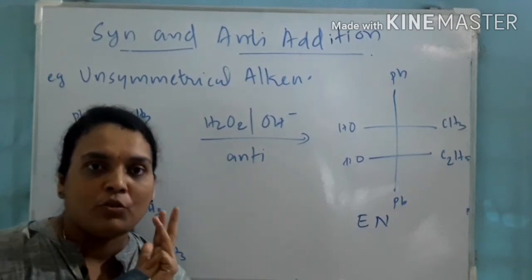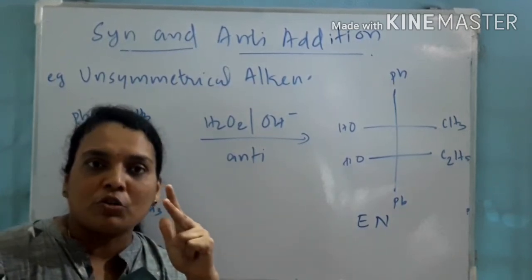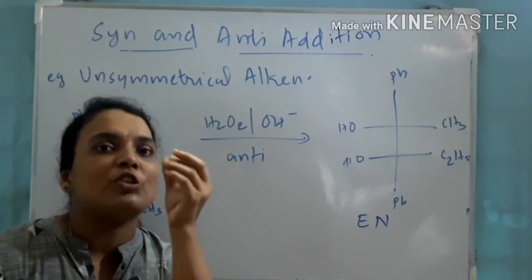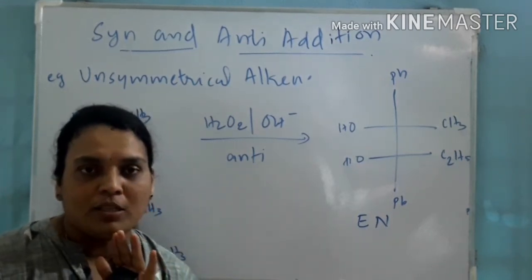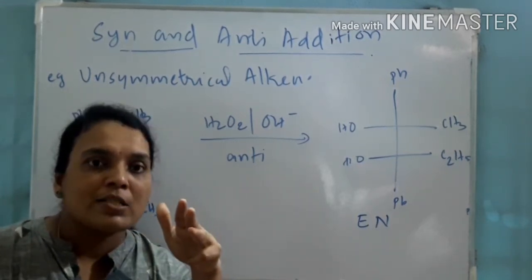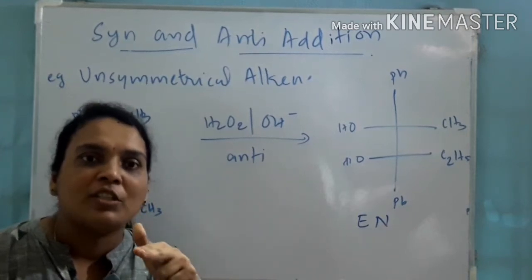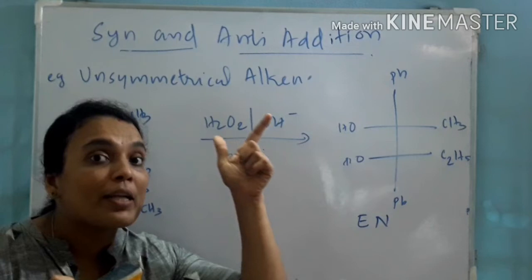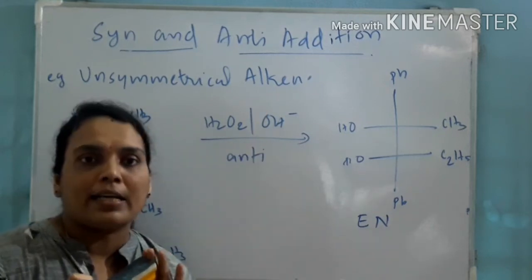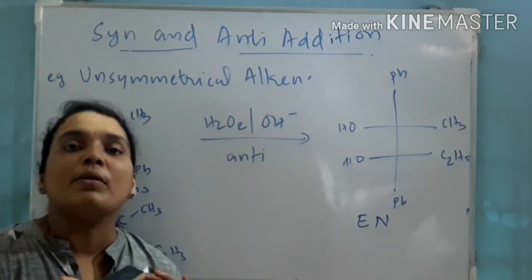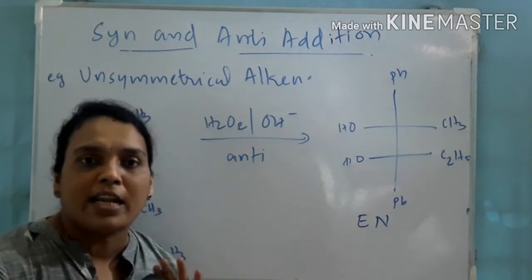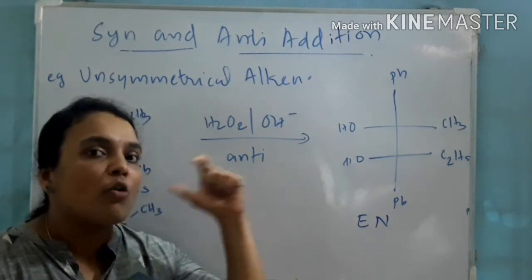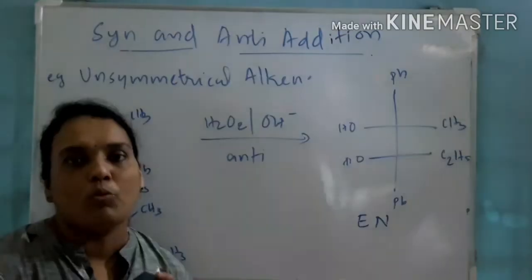Trans negative, syn positive, so the product is positive negative, an enantiomer. Trans negative, anti negative, so the product is negative, that means it is a meso compound. It is happening in the case of symmetrical alkene. But in the case of unsymmetrical alkene, always the product is an enantiomer itself. But how to identify the product, that is important.